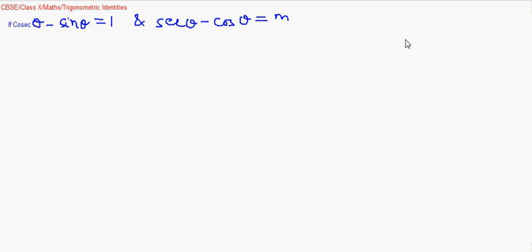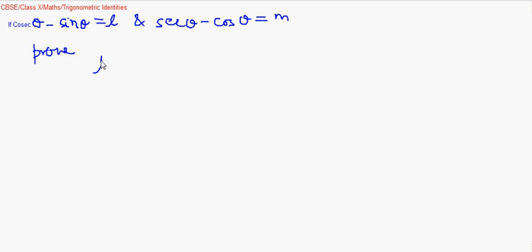Oh, this is not given to be 1, how can they give it to be 1? Cosec theta minus sin theta should also be represented by some variable, L. Sec theta minus cos theta is given by m. You have to prove the following.